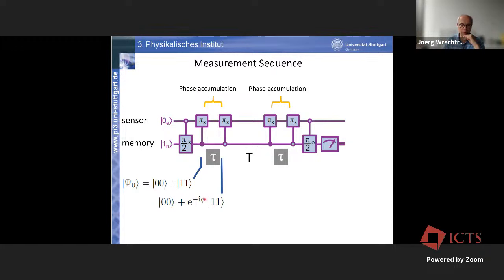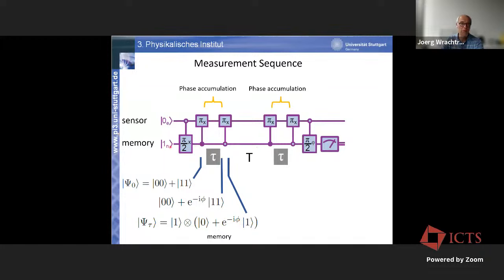So this 1-1 state is acquiring a phase phi compared to the 0-0 state, which has no magnetic moment in this description. And then with a final gate here, we disentangle the two. So we then essentially store the phase we have acquired here into our memory qubit. All right, so this phi now is in the memory qubit.